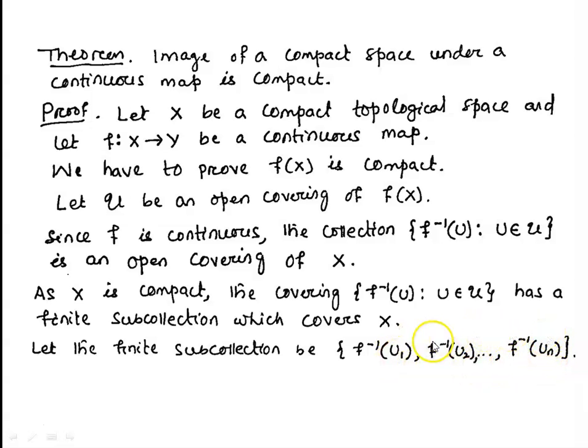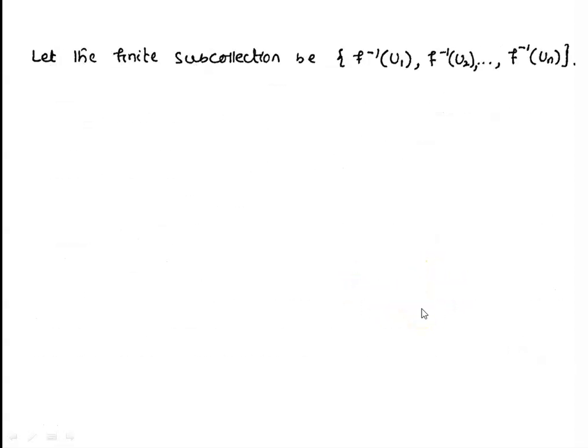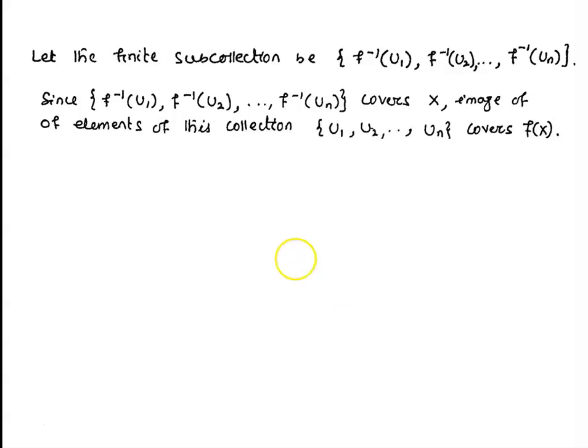These are a finite number of elements from this collection. Since these cover X, the image of elements of this collection covers F of X, and the image of all these is nothing but U1, U2, U3, up to UN.